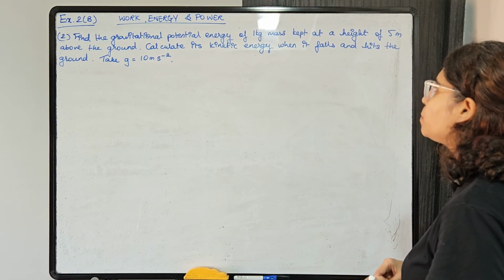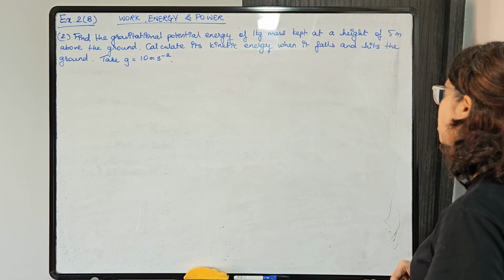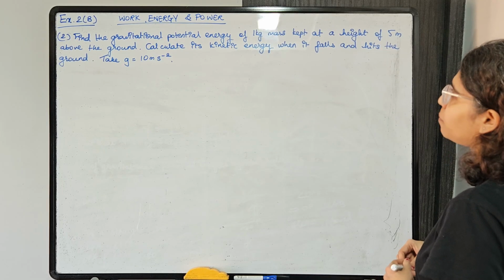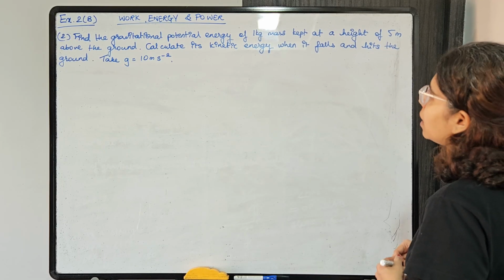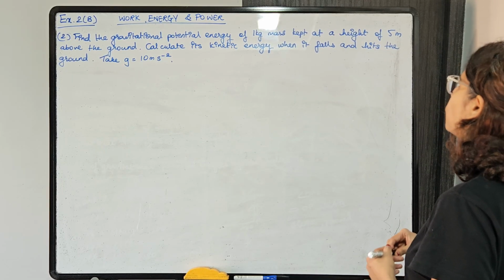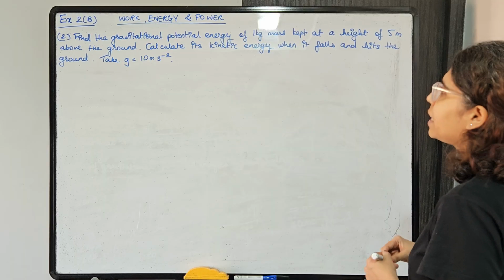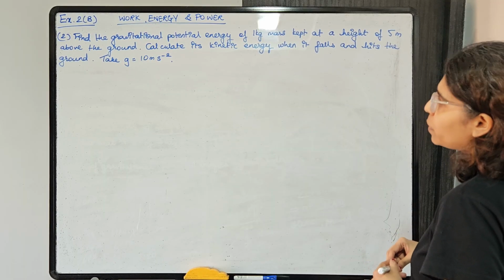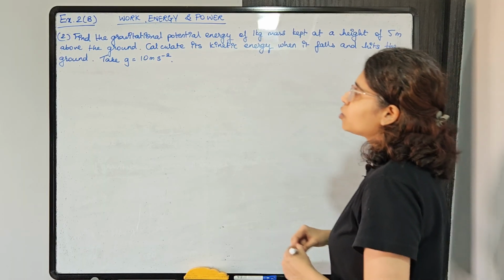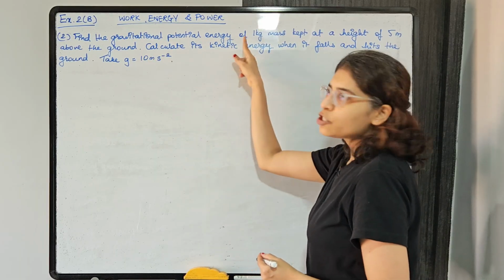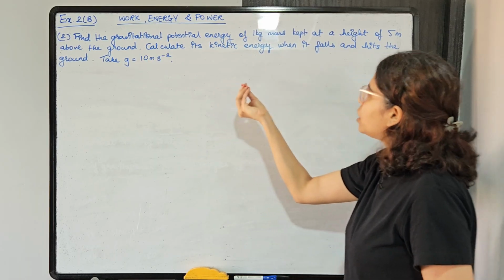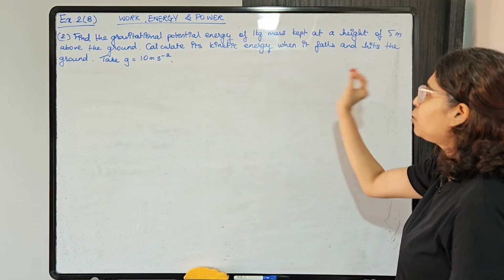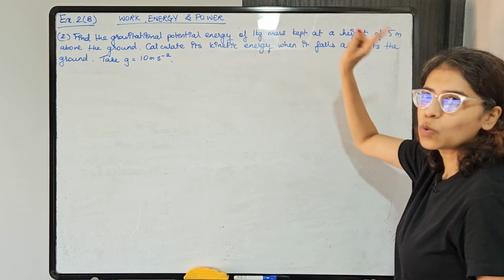Find the gravitational potential energy of 1 kg mass kept at a height of 5 meter above the ground. Calculate its kinetic energy when it falls and hits the ground. Take g equal to 10 meter per square second. So we need to find the gravitational potential energy, that is potential energy, of a body whose mass is 1 kg.